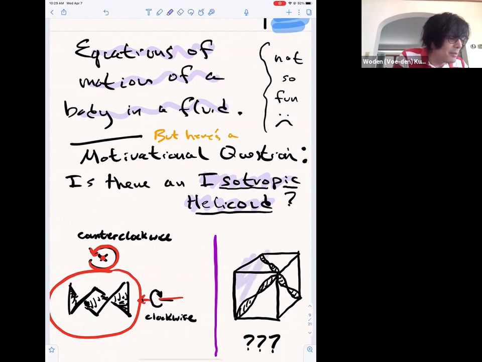Maybe it should be something like this: you put a bunch of airplane propellers along the diagonals of the cube and everything kind of works out. That would be a nice classical example. Who knows? Does that work? Question for the audience.